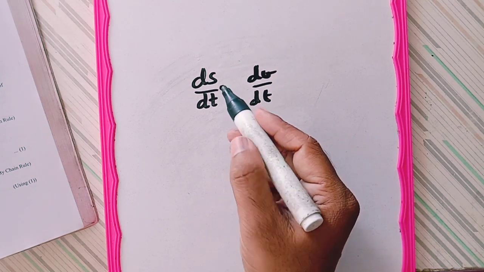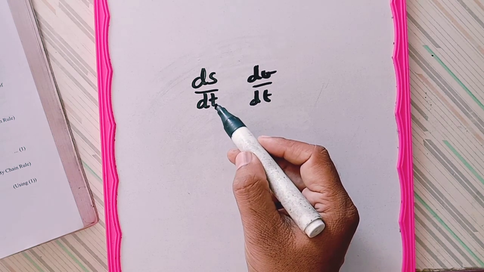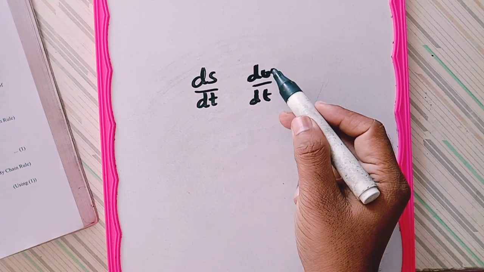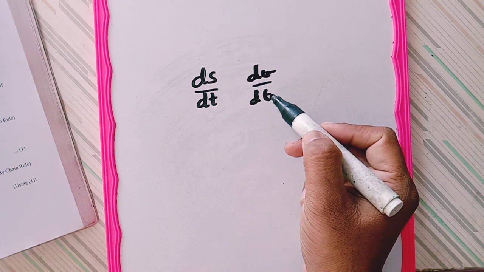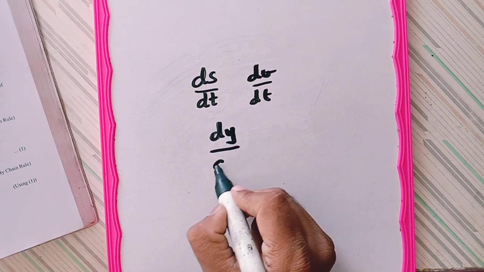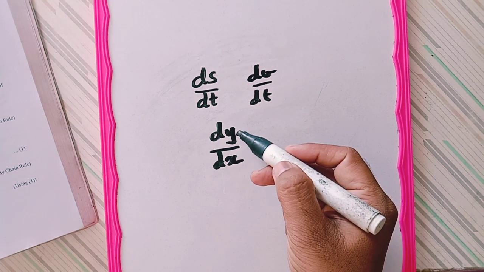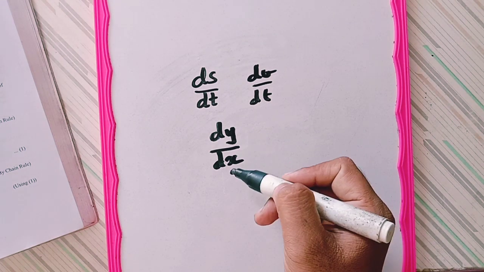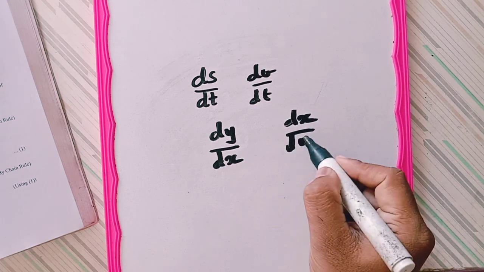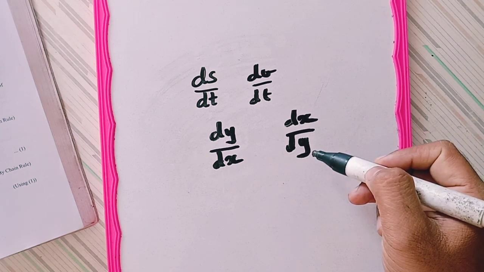So here distance differentiation with respect to time gives us the change in distance, and velocity differentiation with respect to time gives us the change in velocity. In the same way, dy by dx represents how variable y changes with respect to x, and dx by dy represents how variable x changes with respect to y.